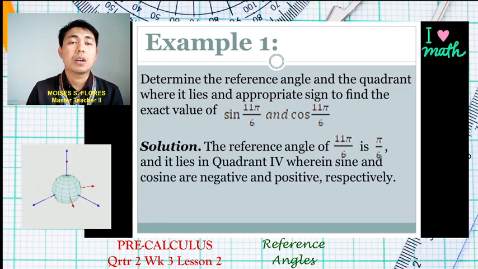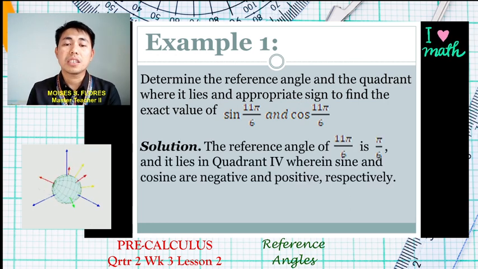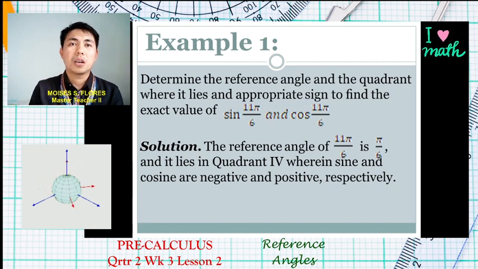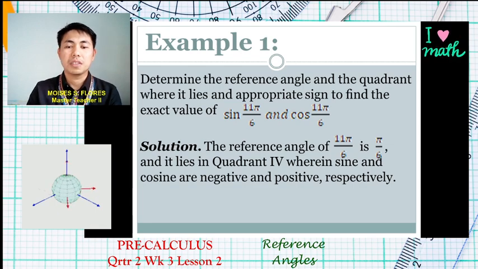Our solution: the reference angle of 11 pi over 6 is pi over 6. And it lies in quadrant 4, wherein sine and cosine are negative and positive respectively. So your x-axis is positive, your y-axis is negative.